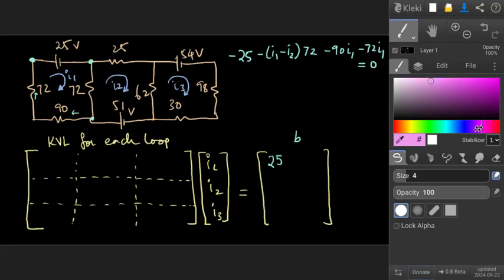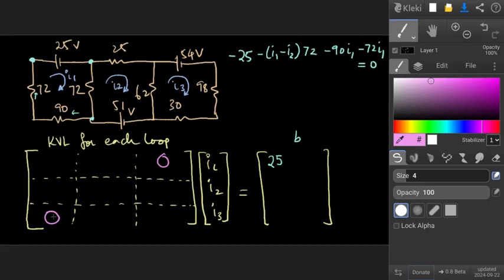Which are the elements common between loop 1 and loop 3? There is nothing common between loop 1 and loop 3. So this will be 0 and this will be 0. That is how we build this. It finally comes to that. I'm just giving the shortcut step.